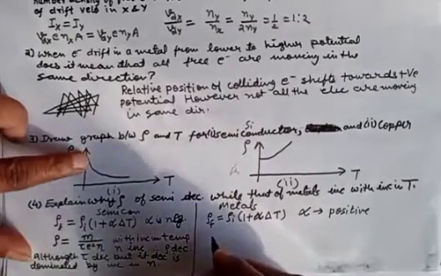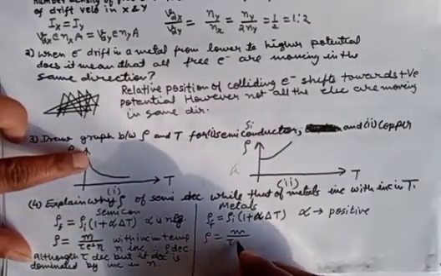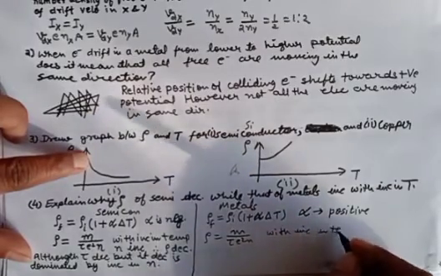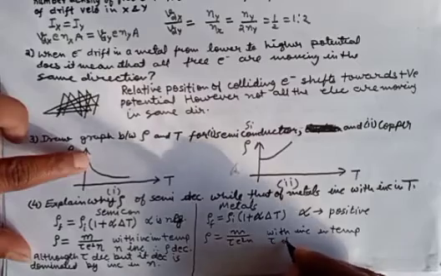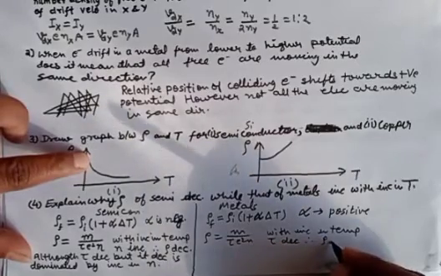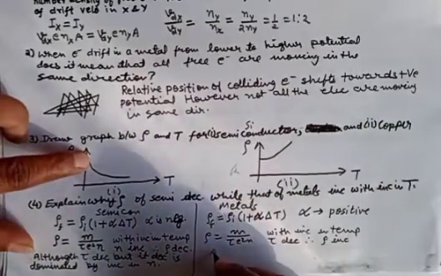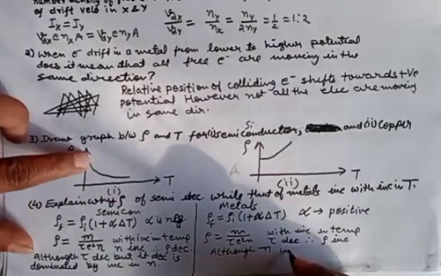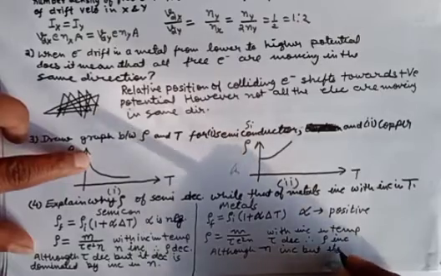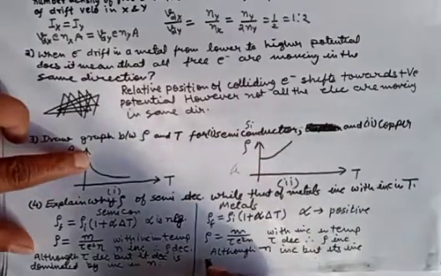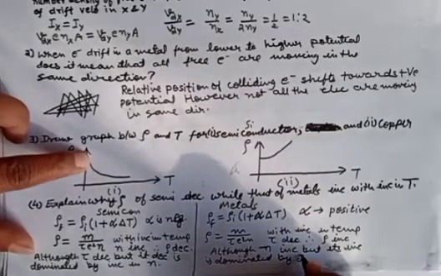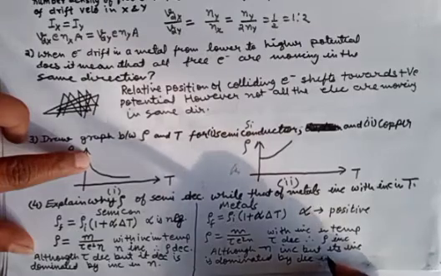Now just the opposite here. Rho equal to once again m upon tau E square n. Now with increase in temperature, tau decreases and therefore rho increases. Although n increases, its increase is dominated by the decrease in tau.